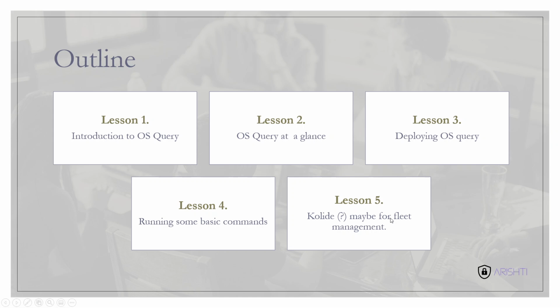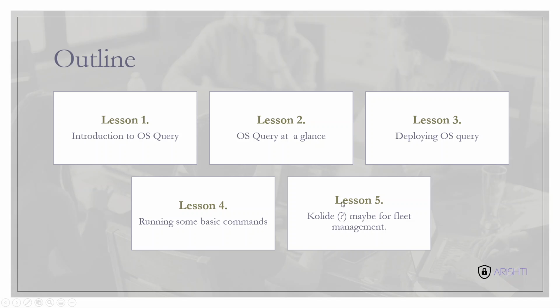So today our outline is divided into 5 different chapters. So today we're going to finish from lesson 1 to lesson 4. If you get enough time or interest, I'll jump into lesson 5 and show you how you can have a console to maintain or manage multiple OSQuery instances.